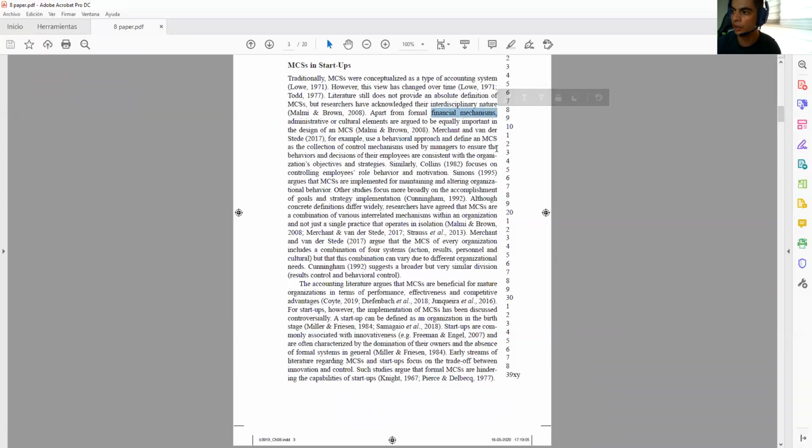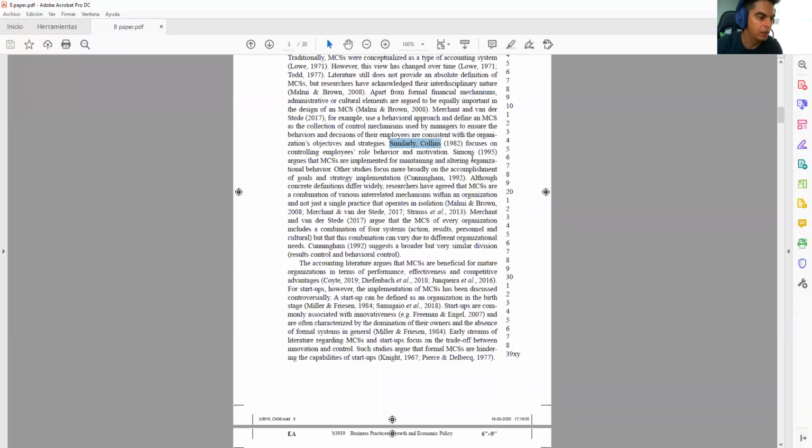So it's not only about numbers, it's also about behavior. And then she continued writing into that. Similarly, this other author focuses on controlling employees' behavior, right? So it's building on the same thing. Then Simons, another author, says again the same thing, organizational behavior.